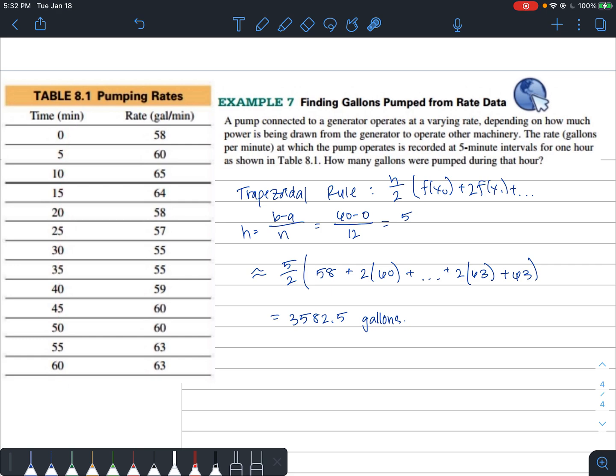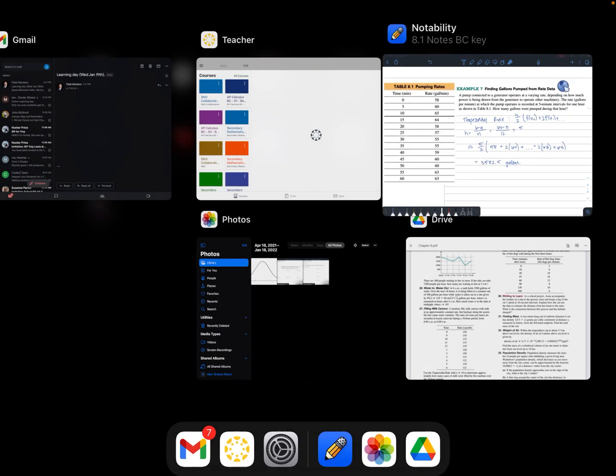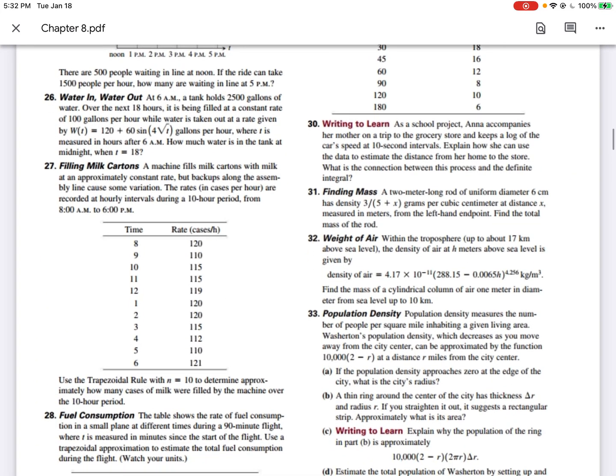So h is 5, divided by 2, and I'm taking the first value, plus 2 times the second, plus 2 times every one of these values up until the second to last, plus 63. So this right here is your reminder for how the trapezoidal rule is used. If you do that, you should get that many gallons right there. And you will find that example 27 is very similar to that problem, just using the trapezoidal rule.